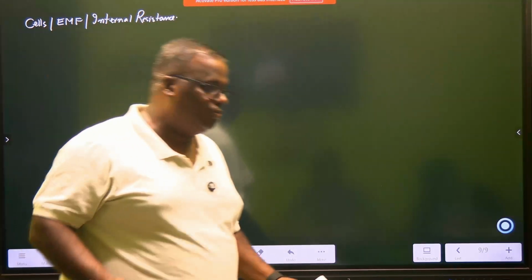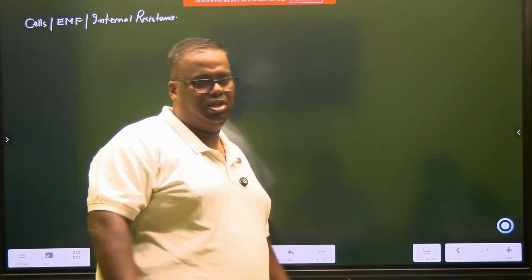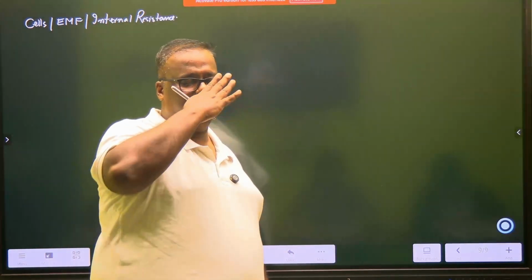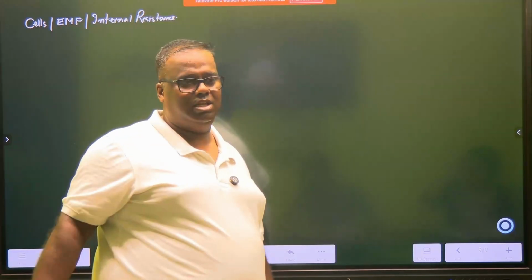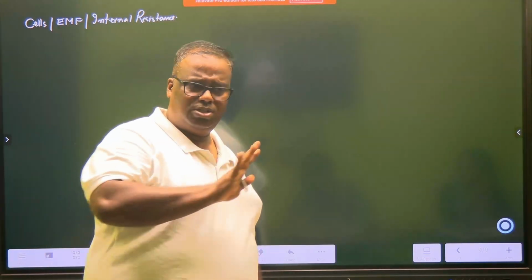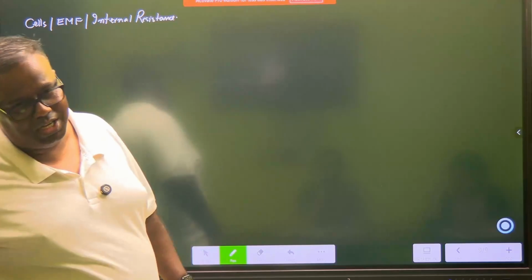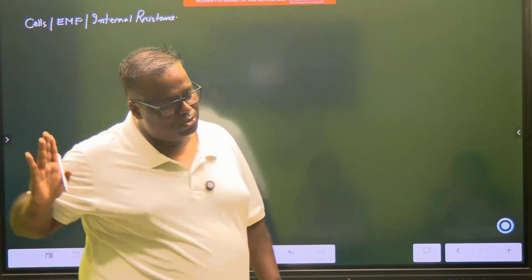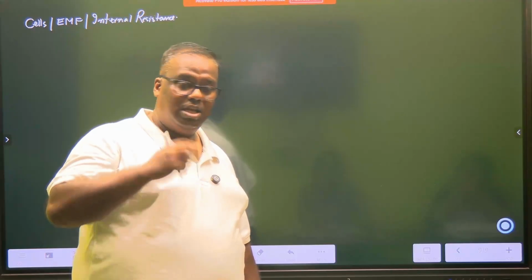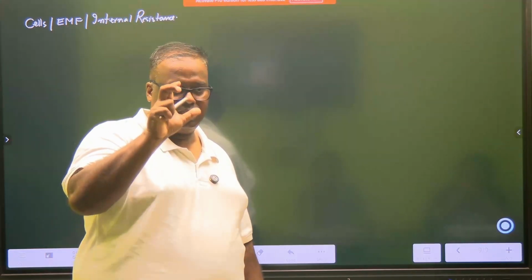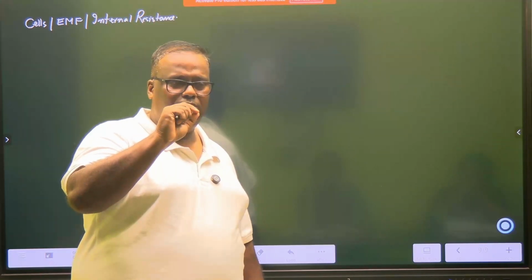Electromotive force is a force which gives motive, that is motion, to whom? The charge carriers. So though we call it electromotive force, EMF is actually energy. EMF is not force. EMF is basically energy. That energy is used to give motion to the charge carriers. Now when the charge carriers inside that particular cell also move, they're not going to have a free pass.